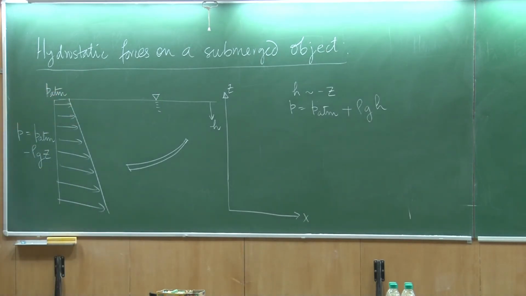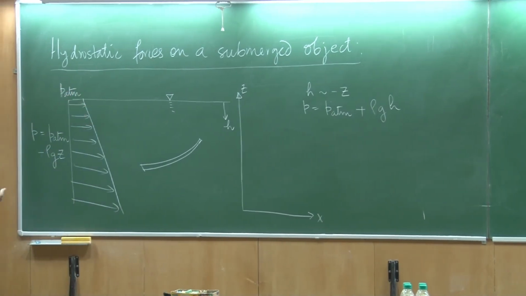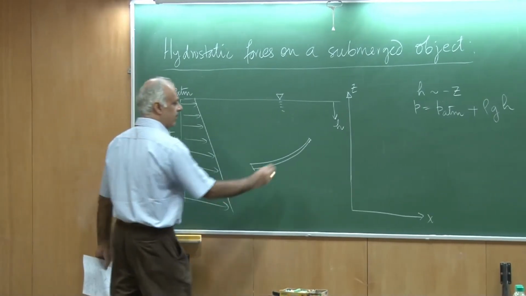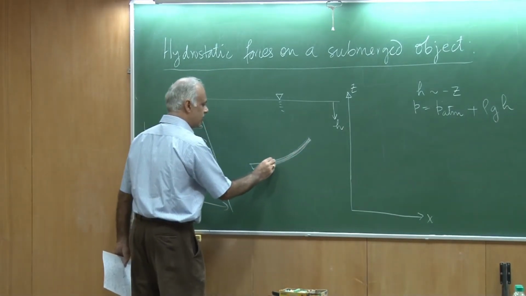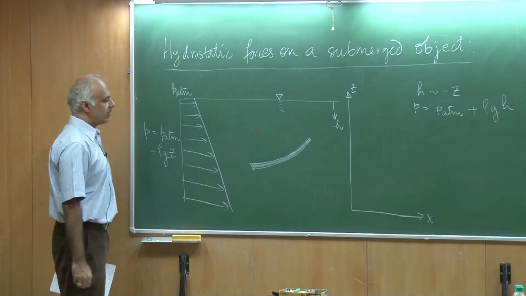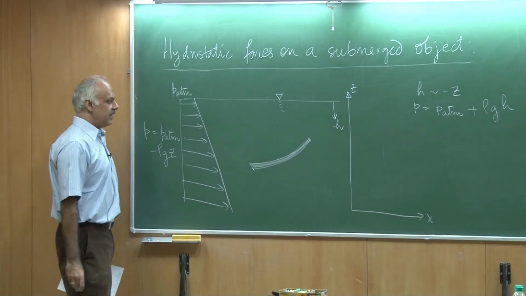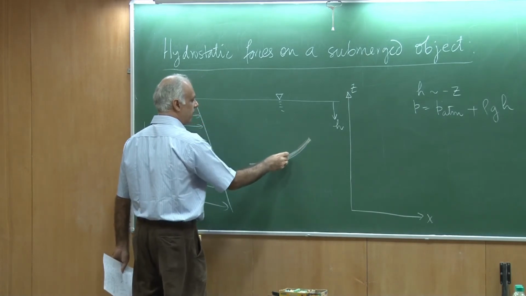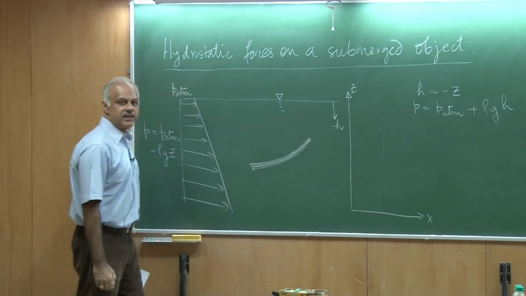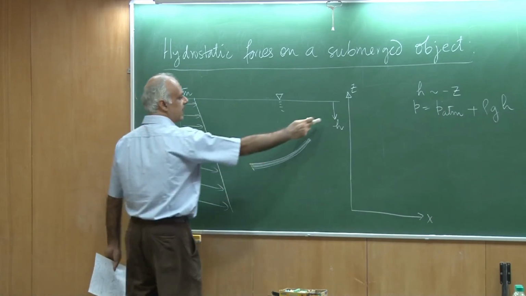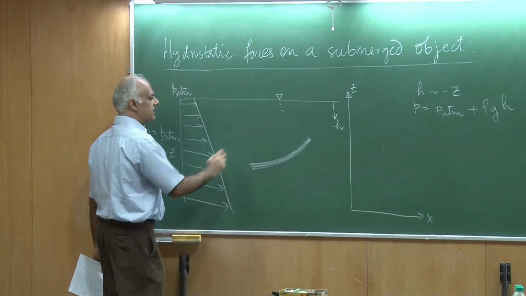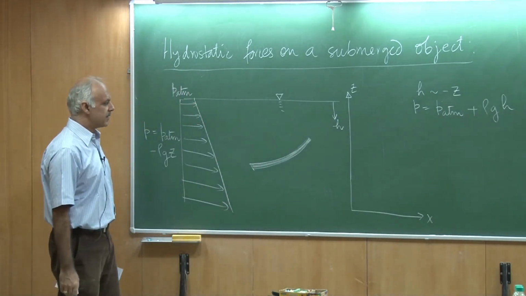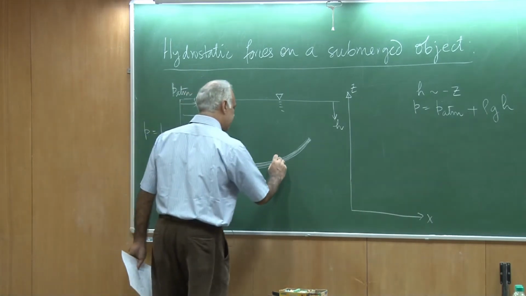So it really depends on the coordinate system that you use. Both are absolutely fine. All right, so our basic aim is to look at the pressure on this submerged object. Now notice that the pressure at different points would be different simply because this height h of the water column is different.